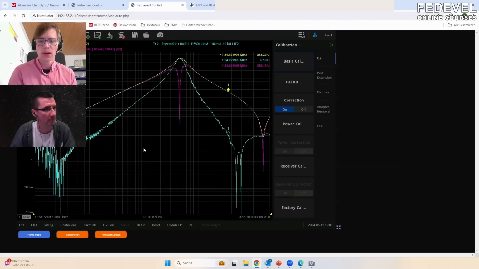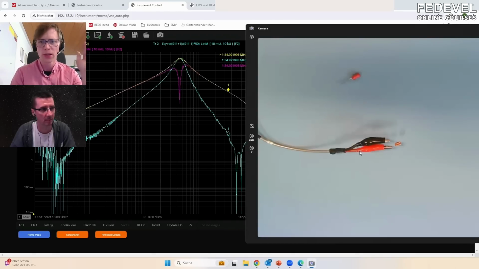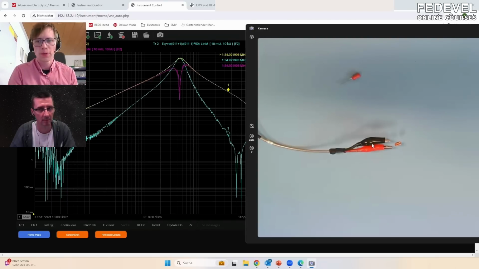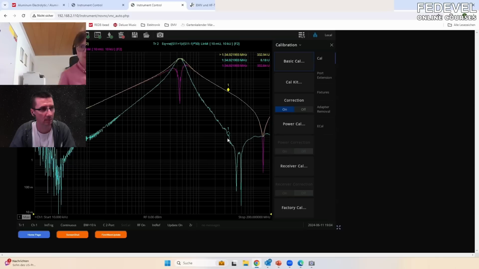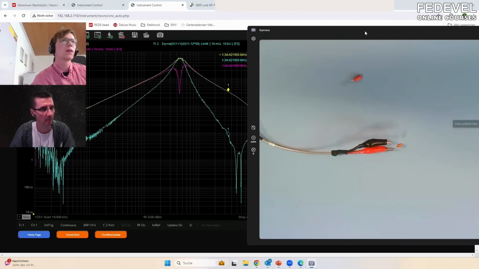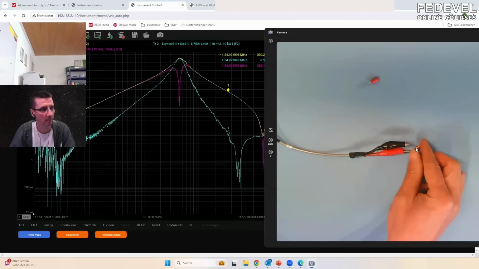With the setup I made here, with these tips, my measurement is valid to about 100 to 200 megahertz. Beyond that, the change of the connection itself will have a big influence on the calibration. So up to this frequency range, I can very easily use it. Let's see if there is a change when I touch the core now.